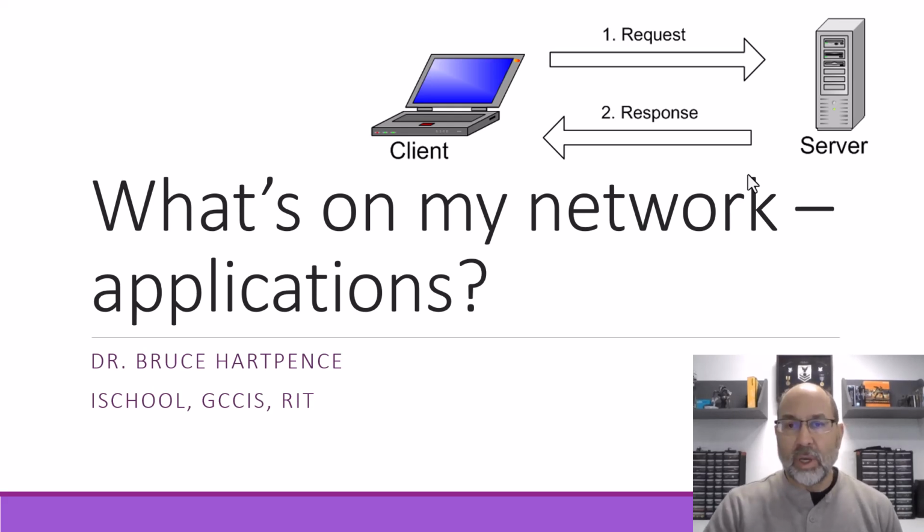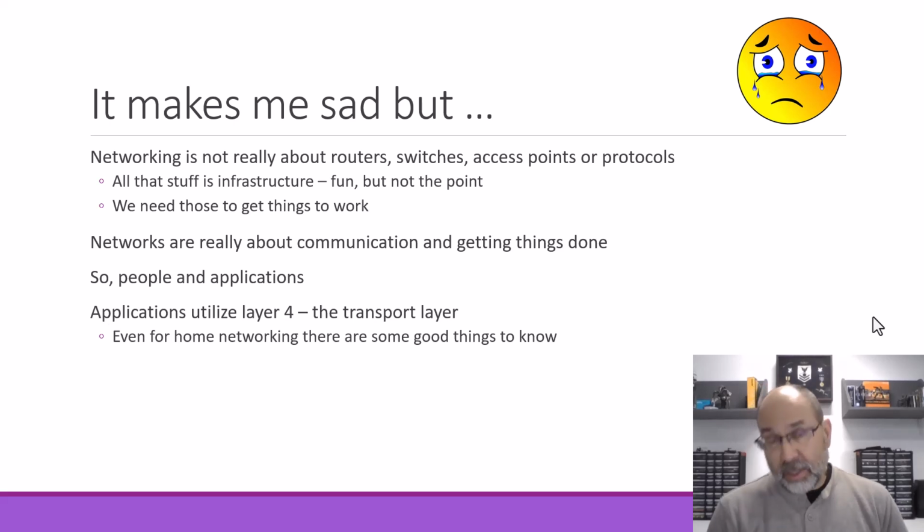So here we go. Now it makes me a little sad as a network kind of guy to say that networking is not really about routers and switches and access points and protocols. I mean, those are all really important, but they're all part of infrastructure. So again, really fun, but not really the point of having a network.